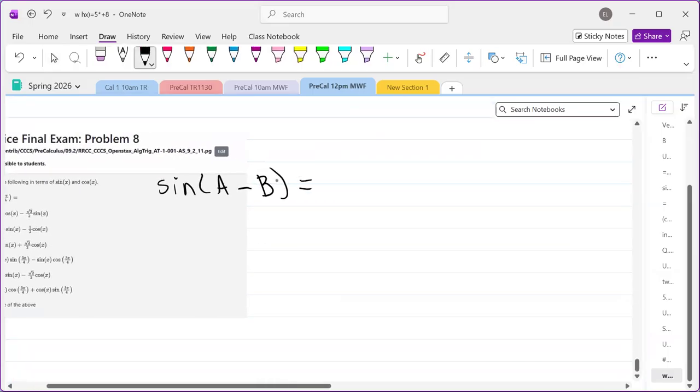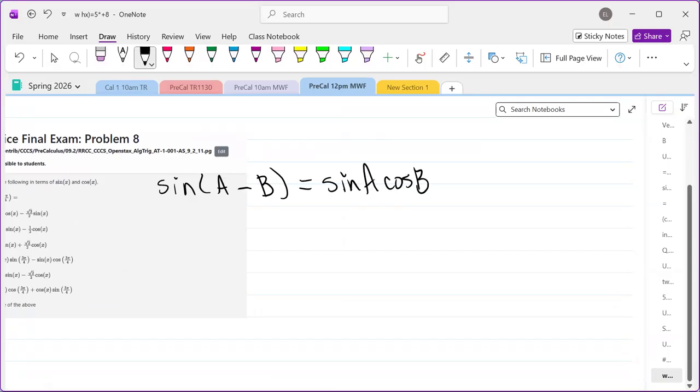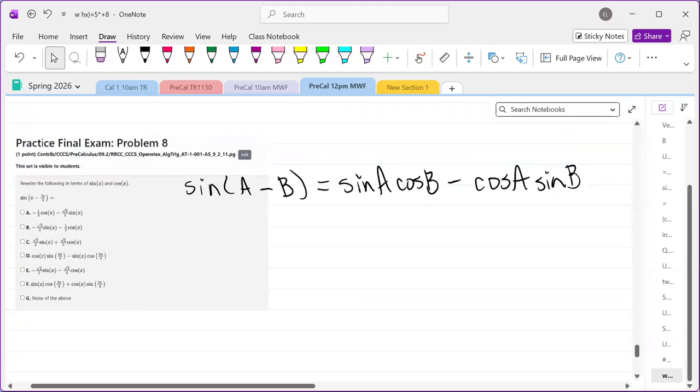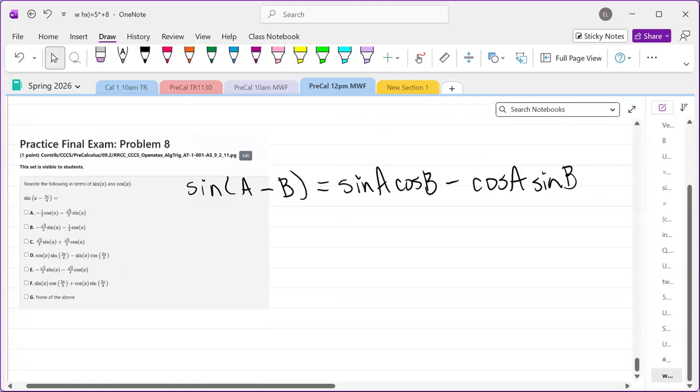The sine of a minus b is sine a cosine b minus cosine a sine b. This will be on the formula sheets. You don't have to remember this formula. You just have to know to go look for it and make sure you write it down correctly, because it's very easy to make a transcription error from the formula sheet onto your paper.